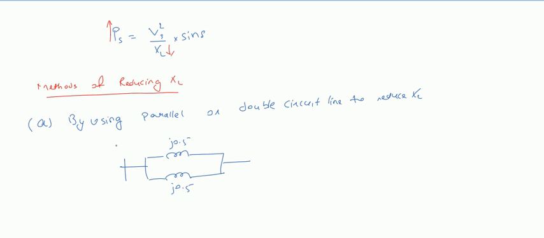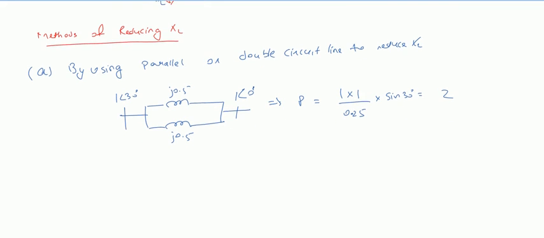Here, suppose this one angle 30 degree is there and here one angle 0 is there, so the power transfer is what for this, it has 1 into 1 by the inductance of this part will be what, 0.25, right? 0.25, half of this value, and into sine 30 degree. So we can solve this part as what, 2 will come, right?